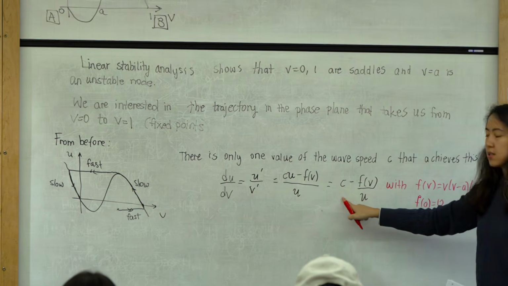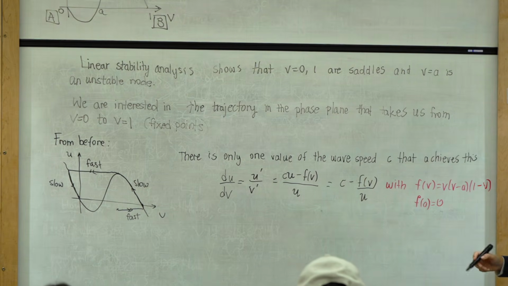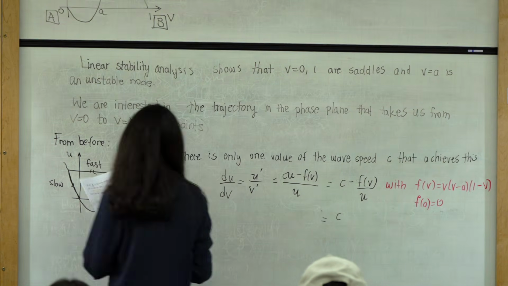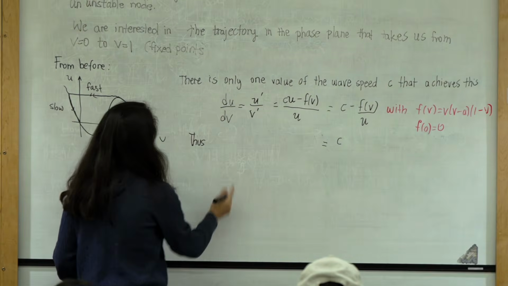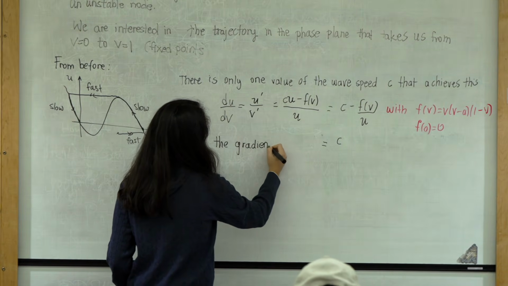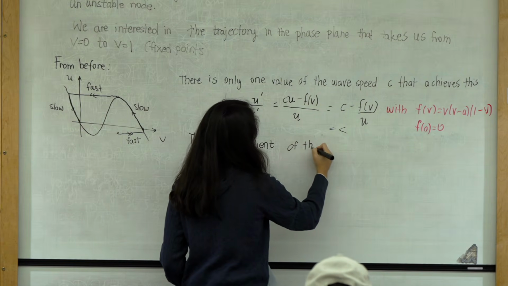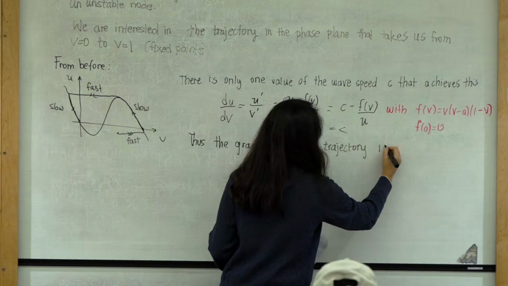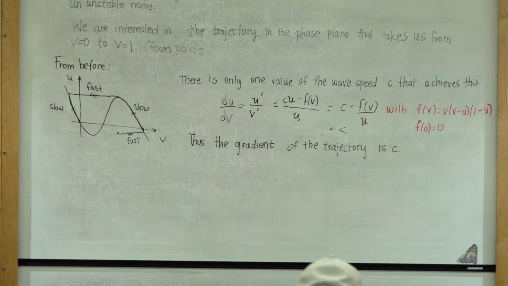So I'm going to have just c. And c is positive for us, right? We chose that. So this is equal to c. Thus, the gradient of the trajectory is c. Any questions?